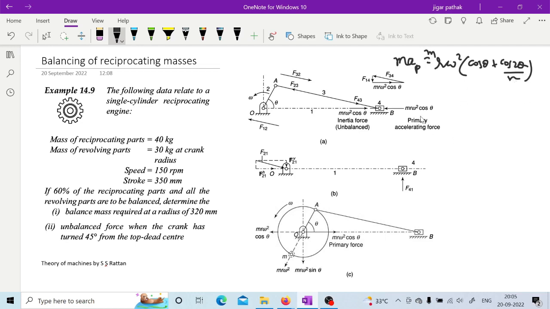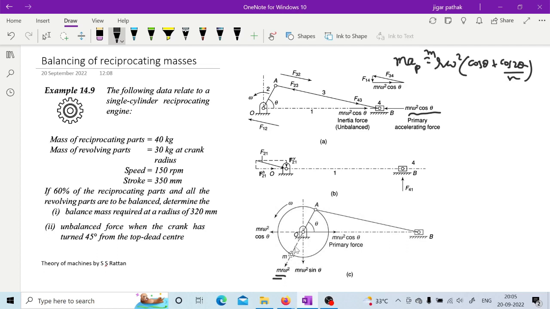From that, m r omega square cos theta is known as the primary accelerating force, and m r omega square cos 2 theta by n is known as the secondary accelerating force. Here, this unbalanced force m r omega square cos theta is acting, so you can provide a balancing force like m r omega square on the crank pin.